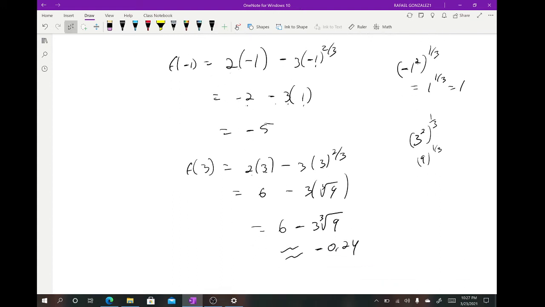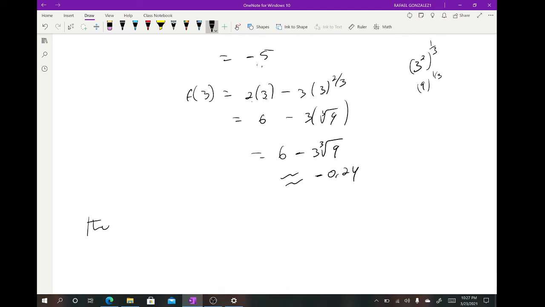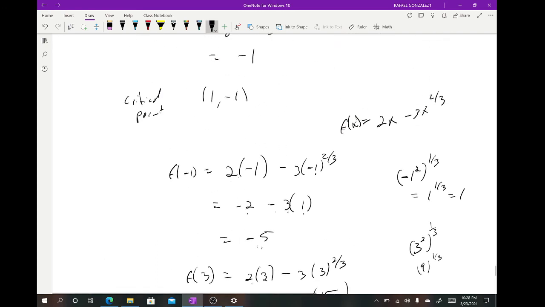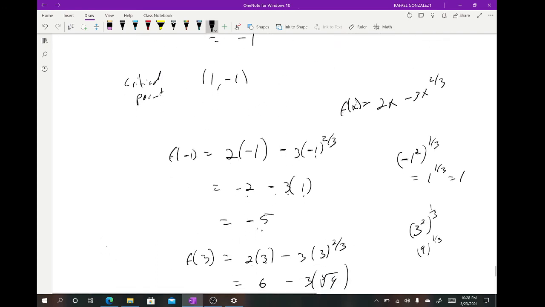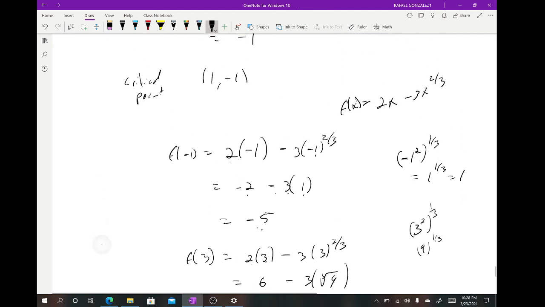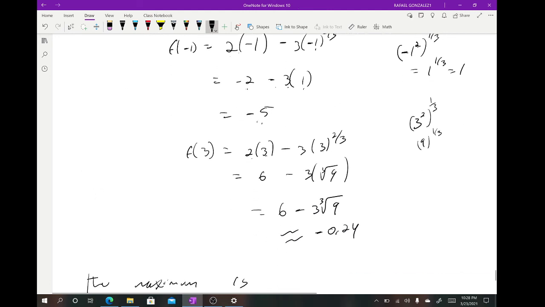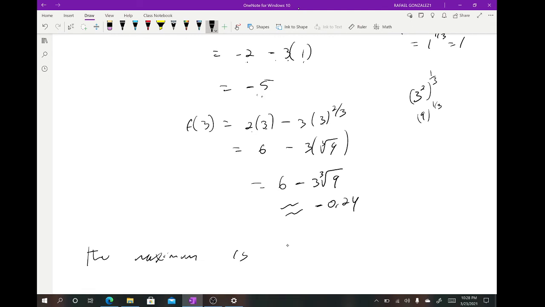And you could tell that it's not going to be less than negative 5. So here, for this particular problem, the maximum is the first value we had. Actually, no, the maximum is actually this negative 0.24. Hold up, let me check something.